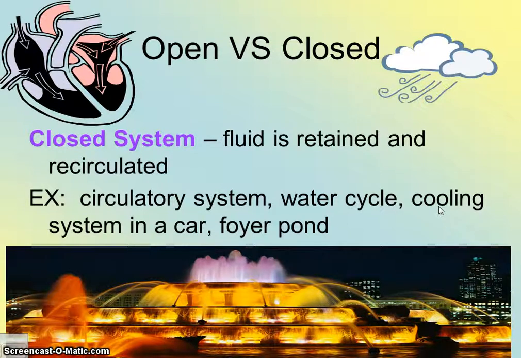A refrigerator does the same thing. And we have our pond in the foyer, or not really a fountain, but more of a pond with our fish. That works the same way as the fountain here. We have a big pump, and we have filters, and it filters the pond water. Otherwise it gets pretty yucky. That's considered a closed system.